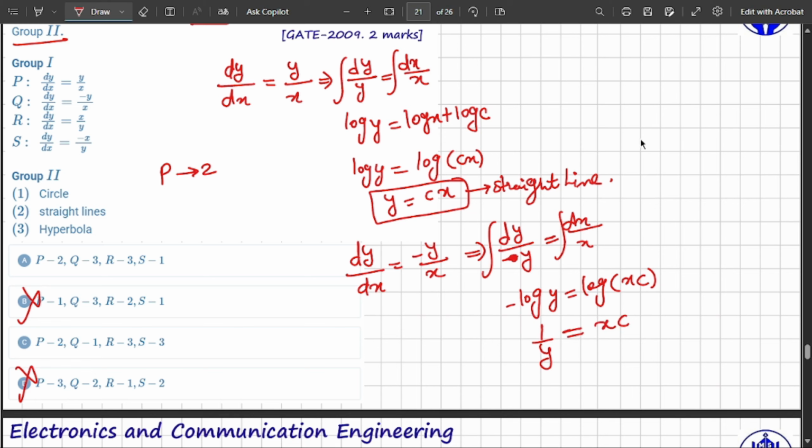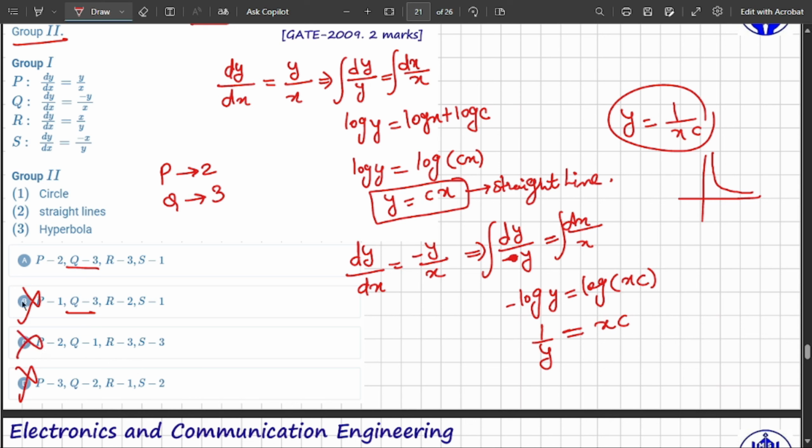So y equals 1 upon x by c. This kind of curve represents a hyperbolic shape. So this is not a straight line, this is not a circle, this is the hyperbola, y equals 1 by x. So q is going to 3. If q is going to 3, again this will not be the correct option, so a is the correct option for this.